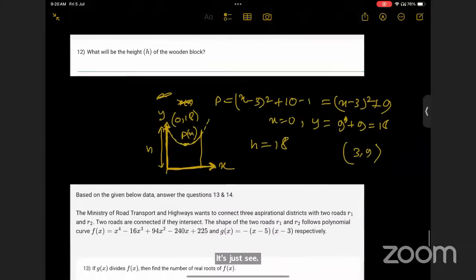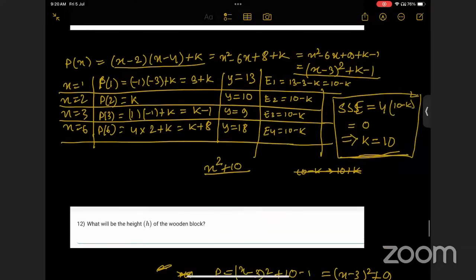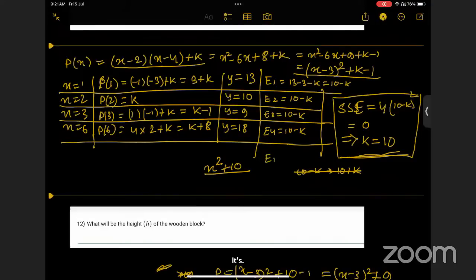Ma'am, can you explain the error part? That's what I just explained now. I want to find the best fitting, and for that the error will be 0. If the SSC is 0, that means the squared sum will be 0, right?